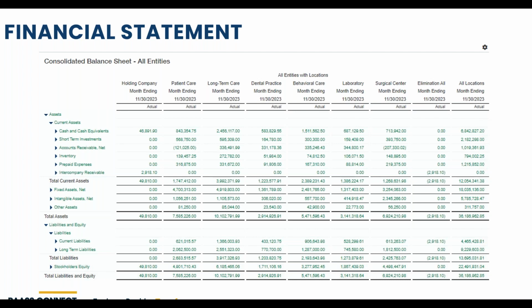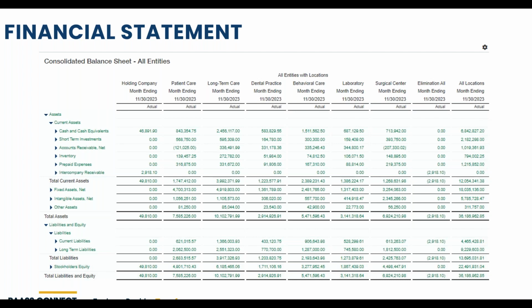One common theme through all of these examples is dimensions. Whether it's entity dimension, location dimension, department dimension, or customer dimension, it gives you the flexibility to report, whereas it would be challenging within your existing ERP solution.